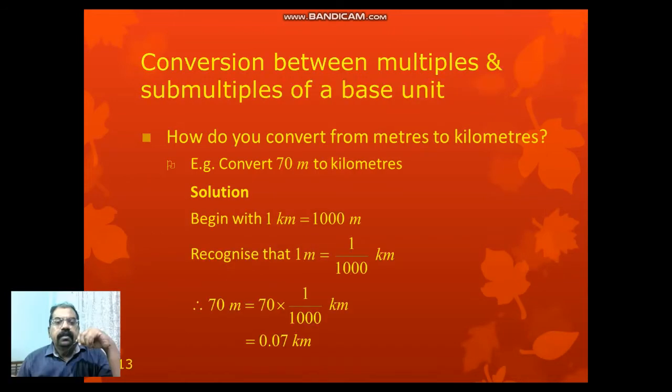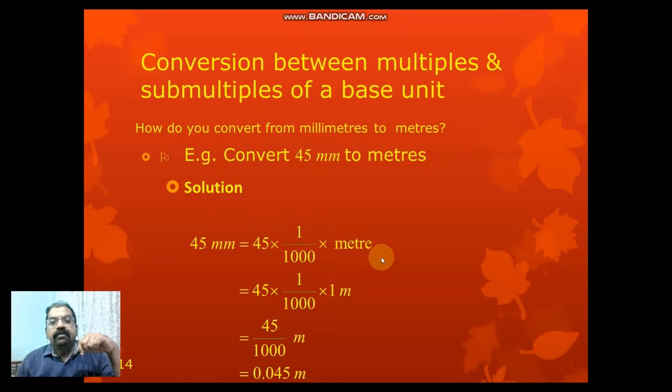Similarly, you can also convert from meters to kilometers, quite opposite to that. If you want to convert 70 meters to kilometers, simply multiply by 1 by 1000 of a kilometer. It's a unitary method. You already did it in your previous classes. Nothing new.